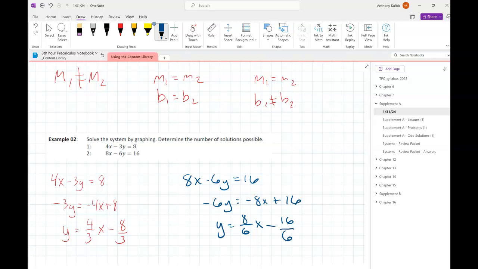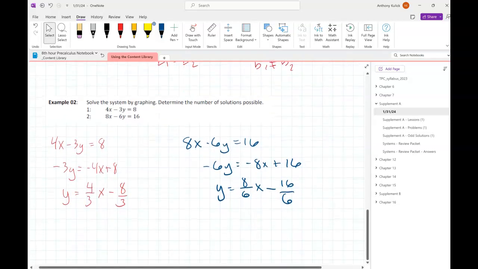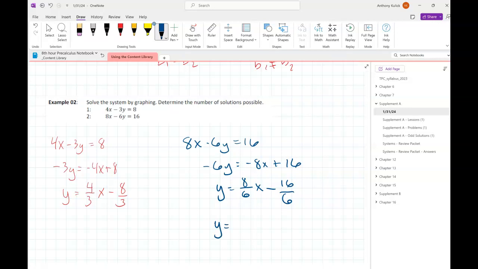So I have that. What do you notice that we can still do with that equation, though? Reduce those fractions. Great. What does 8/6 reduce to? 4/3. And what does 16/6 reduce to? 8/3. And what do we notice here? They're the same.